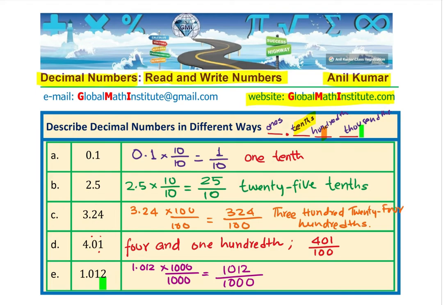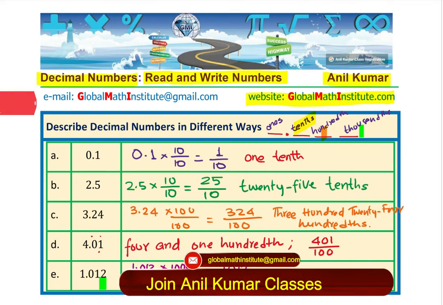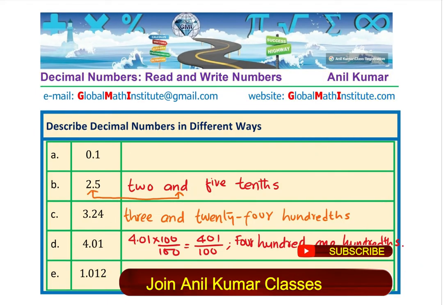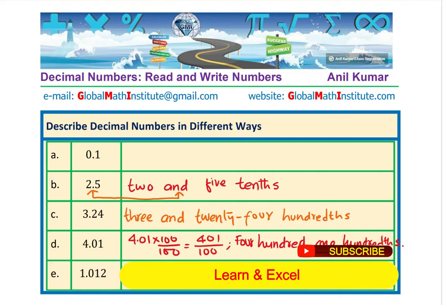So it could be read as 1012 thousandths. Make sense? And standard way of reading this will be 1, the number before decimal, and for decimal, 12 thousandths.